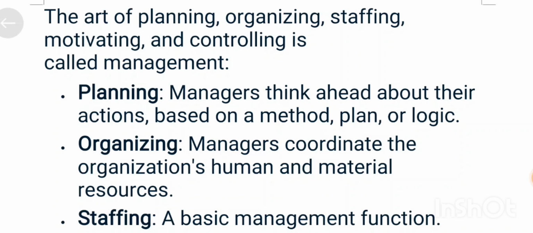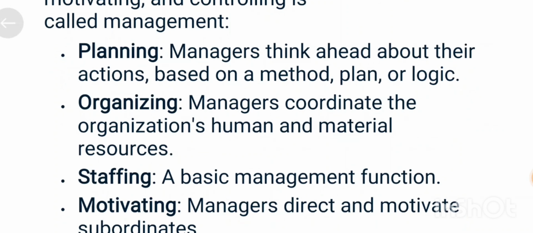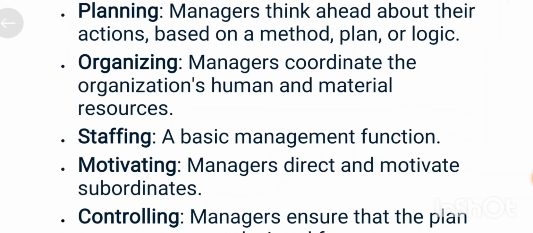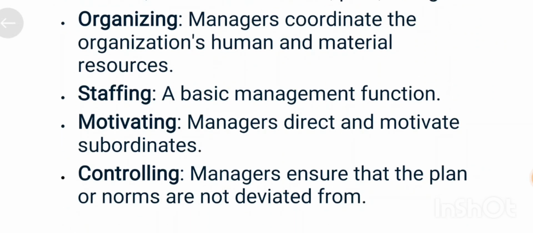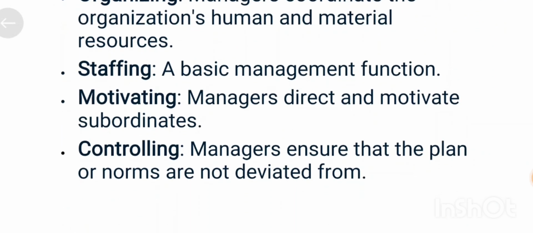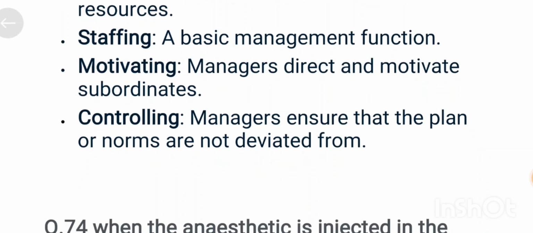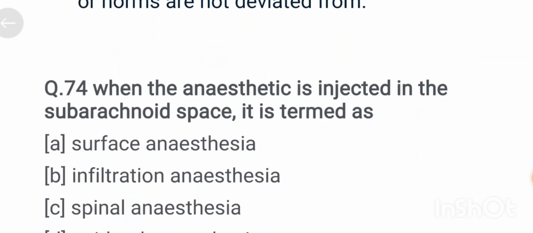Organization: managers coordinate human and material resources. Staffing is a basic management function. Motivating: managers direct and motivate subordinates. Controlling: managers ensure that plans or norms are not deviated from. Next question.